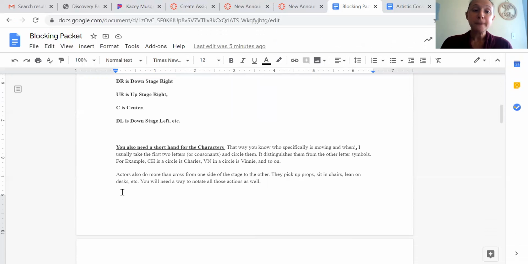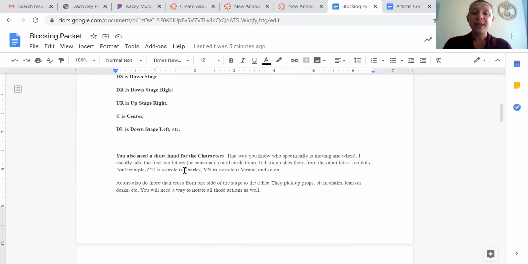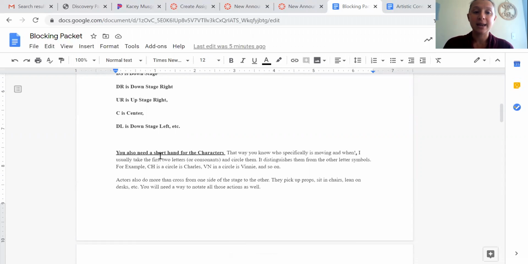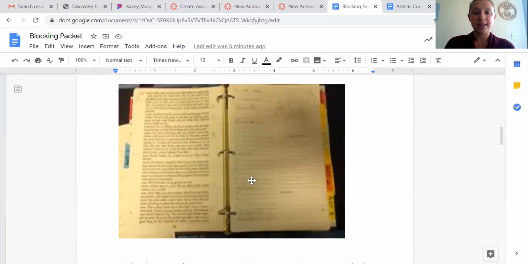Not only are we doing shorthand for the different spots on stage, but something I want you to keep in mind is also doing shorthand for the characters in your scene. I'm going to show you what that looks like. If you scroll down, this is the general outline of how I map out my director's notebook.